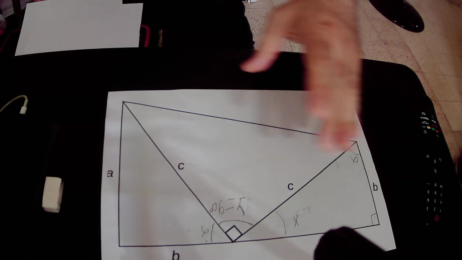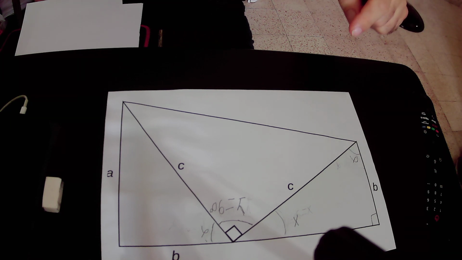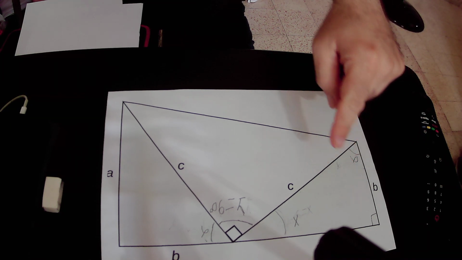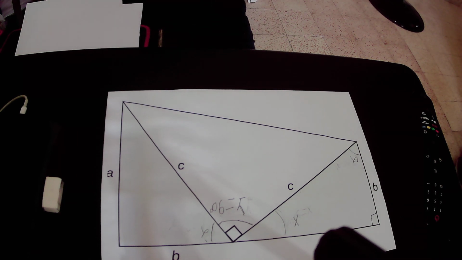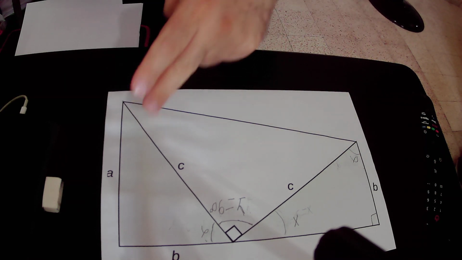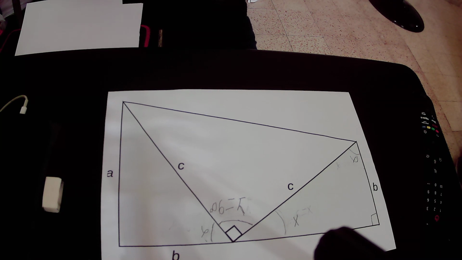This trapeze is composed of 3 triangles: the right triangle, the middle triangle, and the left triangle. So the sum of the areas of these 3 triangles equals the area of this trapeze.